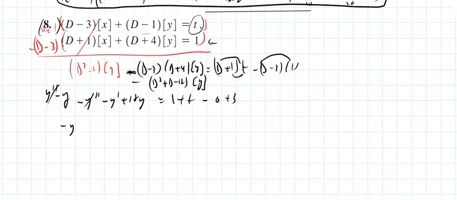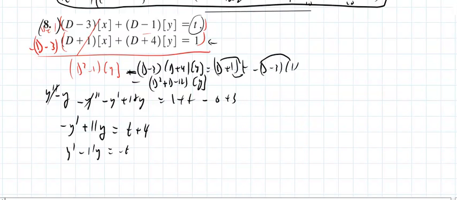I have negative y prime plus 11y equals t plus 4, if I'm not mistaken. So y prime minus 11y equals negative t plus 4.